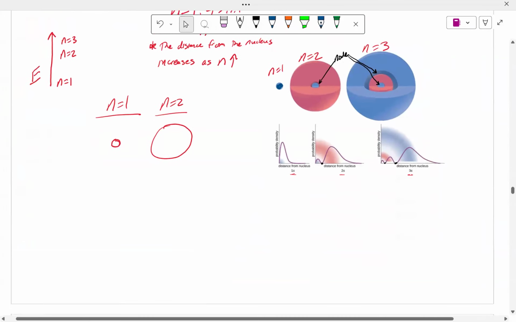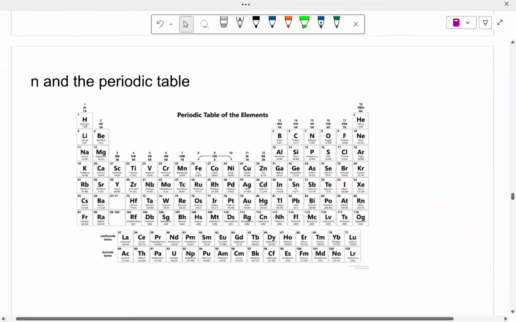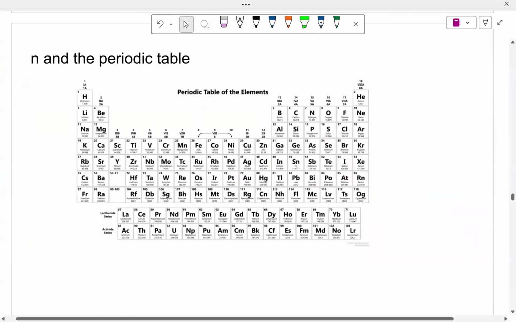Now, one of the cool things about the periodic table is that you can look at the table and instantly know what the highest energy level is for any atom on the periodic table. All you have to do is look at the row.